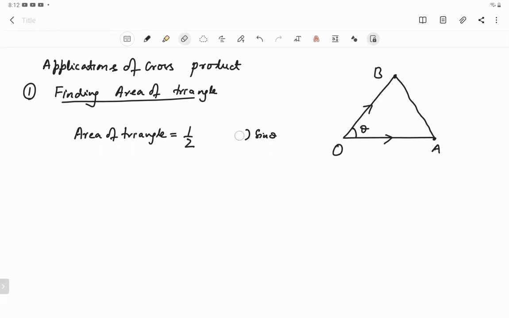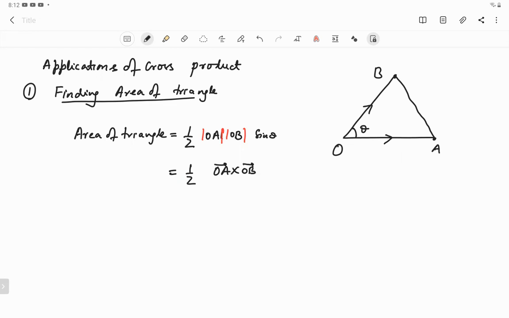If you remember it, it's the magnitude of OA multiplied with the magnitude of OB, and then the sine of the angle in between.